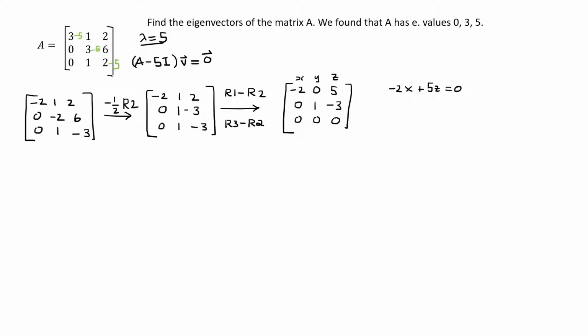And it tells me that y minus 3z equals 0. 0, 0. Okay. So x is equal to 5 halves z. Y is equal to 3z. And z is just free.